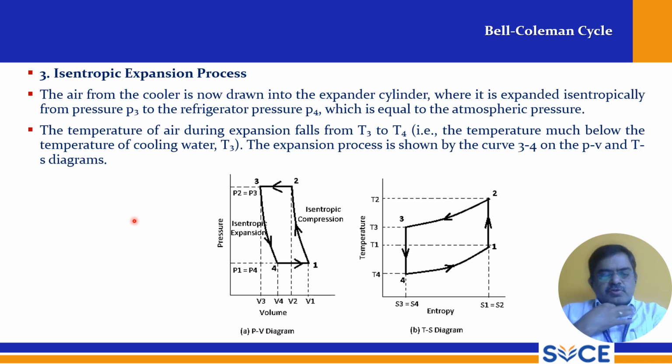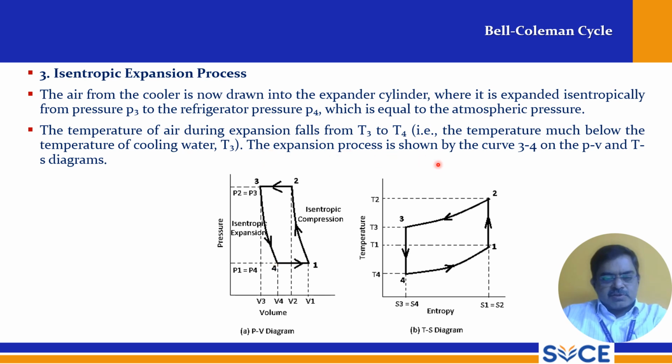Next is the isentropic expansion process. The air from the cooler is now drawn into the expander cylinder, where it is expanded isentropically from pressure P3 to the refrigerator pressure P4, from 3 to 4. The pressure drops and simultaneously the volume increases.